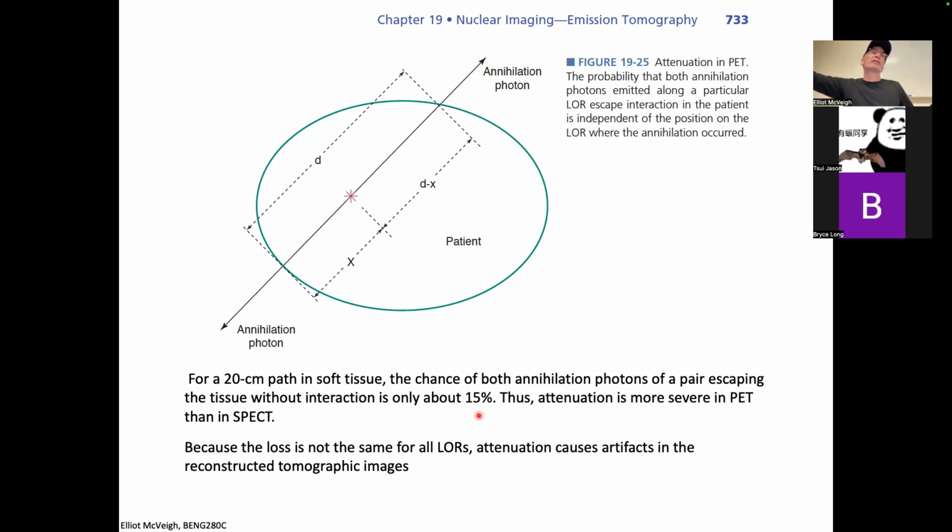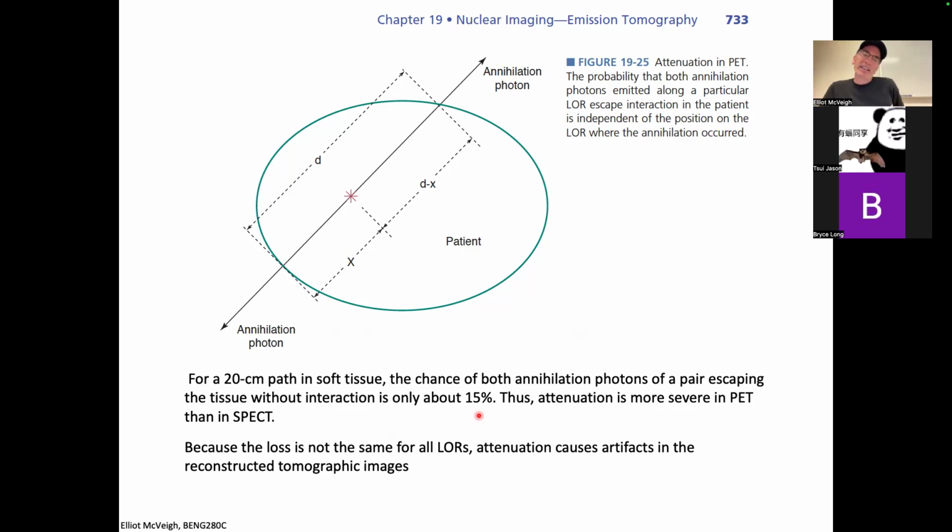So it's not that many, right? Because both of them have to make it out. So you want your detection to be high efficiency because the scattering of these things is at a high rate, okay? Because you've got to get two of them. They both have to escape.